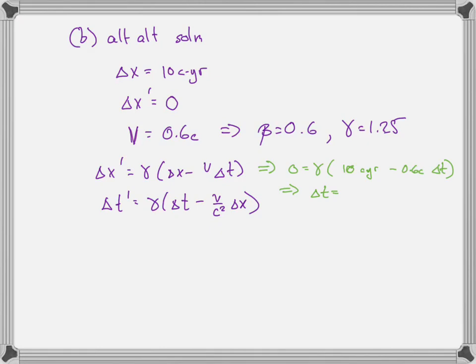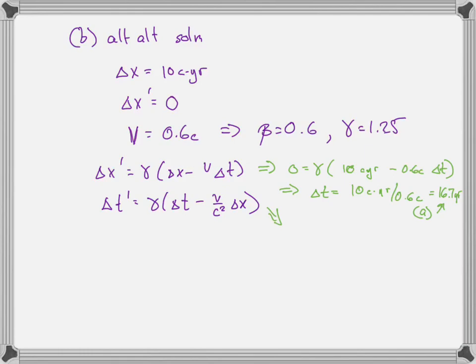Delta t equals 10 light years over 0.6 c, which is 16.7 years. Well, that was the time measured relative to Earth, because that's the unprimed frame. That was part A.